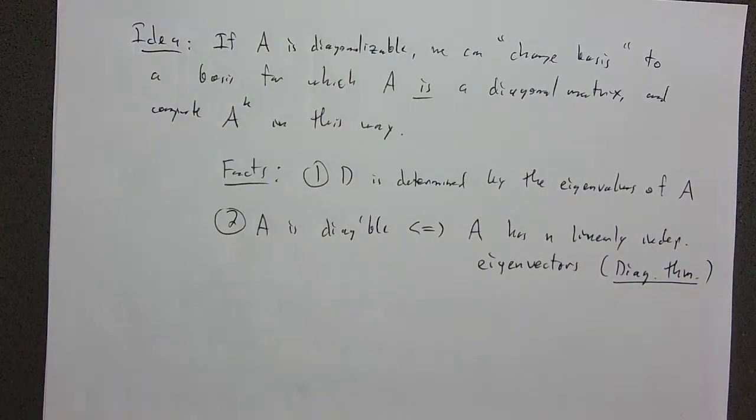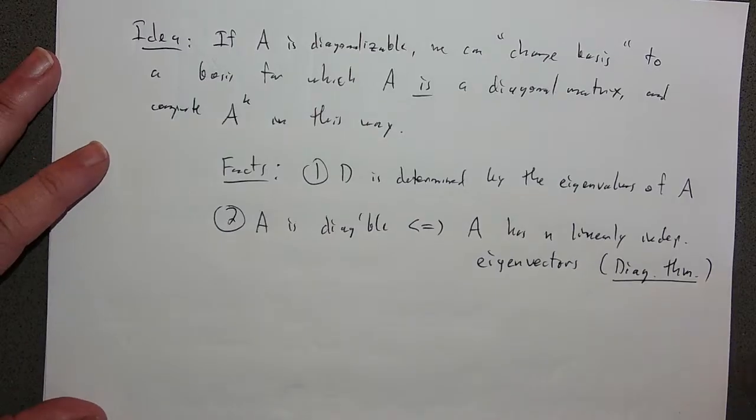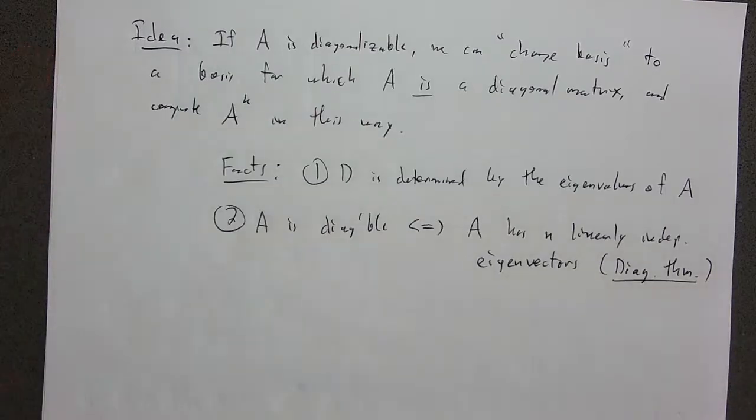Now, in 240, considerable effort goes into saying whether or not a matrix is diagonalizable. You have to find all of its eigenvalues and eigenvectors, and then the dimension count of each of the eigenspaces has to be right. What are the eigenspaces? The eigenspaces are these null spaces. I haven't talked about null spaces yet. Those are included in the review material, but we'll talk about them when we need them.